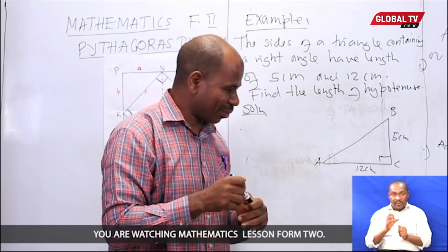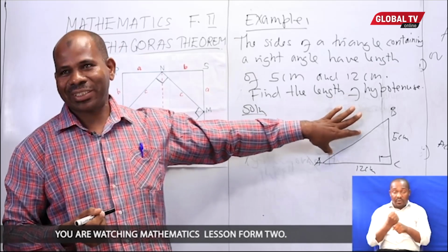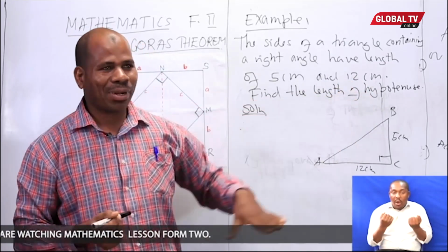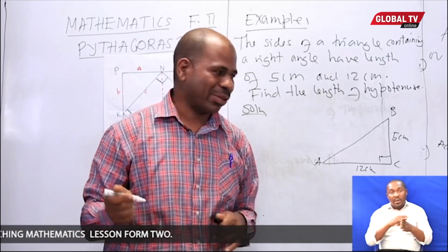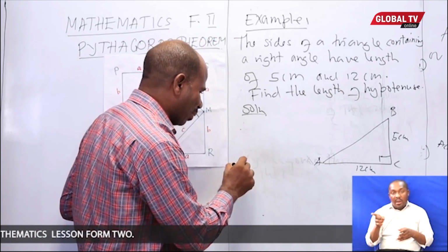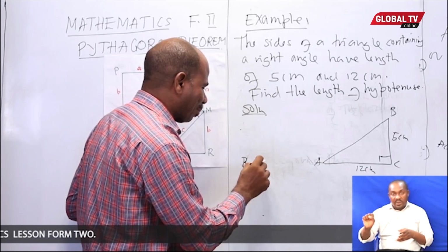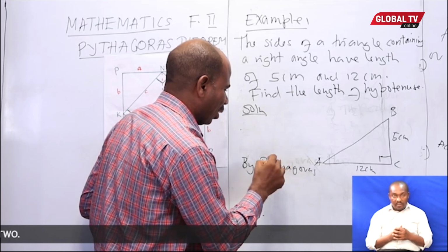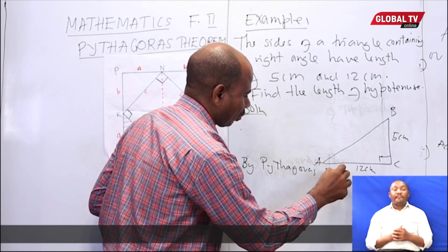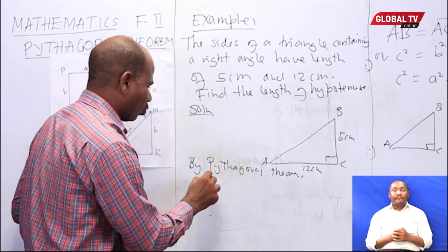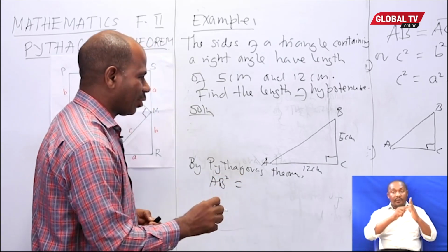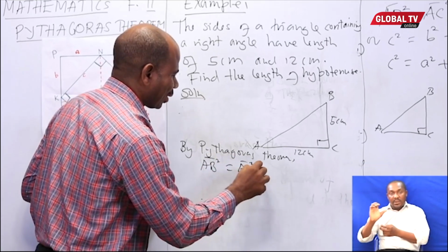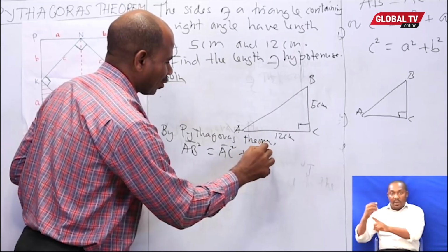So we have to work out the remaining side, which is the hypotenuse. And how should we do this? We have to apply the Pythagoras theorem. Whenever you solve this, make sure that you say by Pythagoras theorem, AB squared is equal to AC squared plus BC squared.